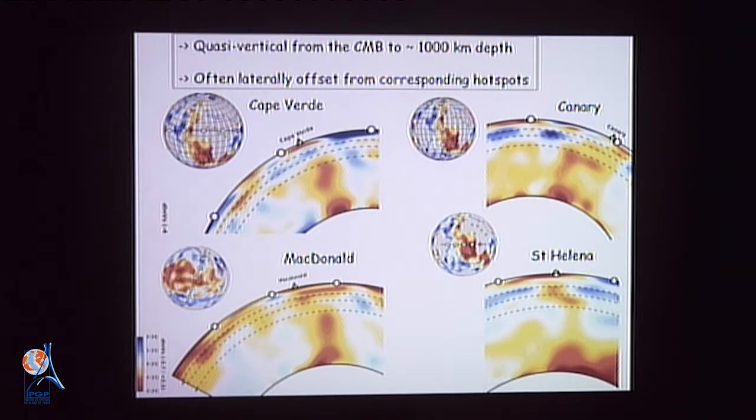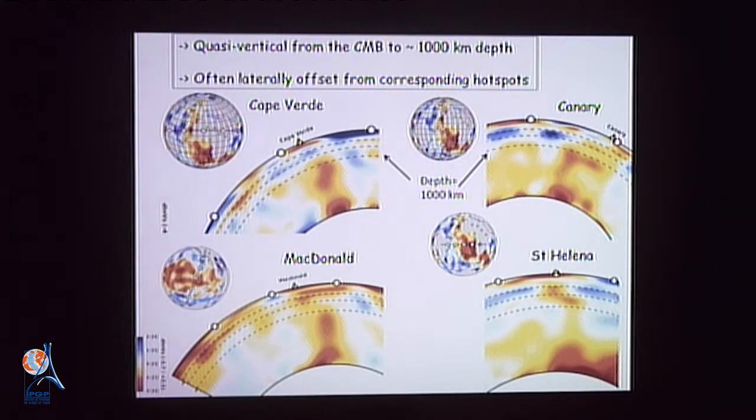And the other aspect of this is that the plumes are quasi-vertical from the core-mantle boundary to 1,000 kilometers depth. And then in the upper part of the mantle, there's often an offset. So there seems to be something going on at 1,000 kilometers, right here.